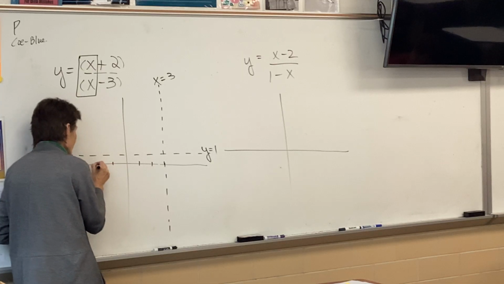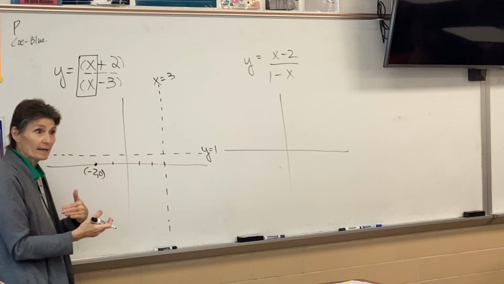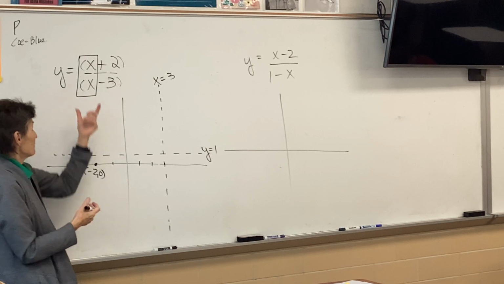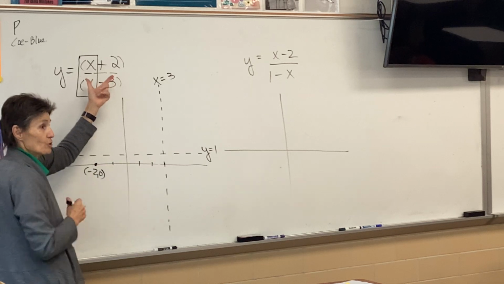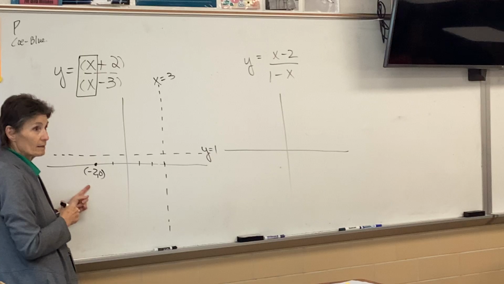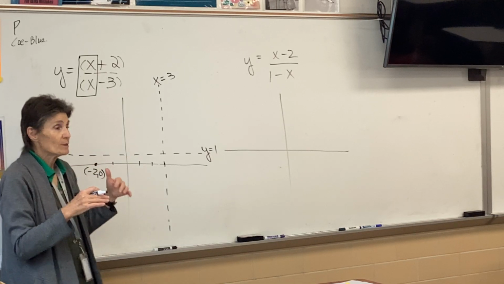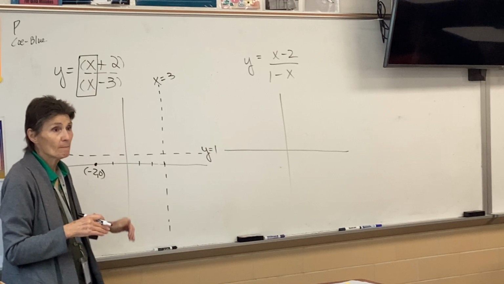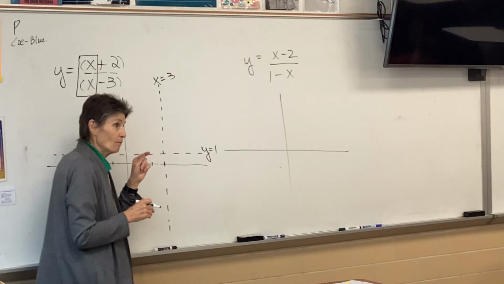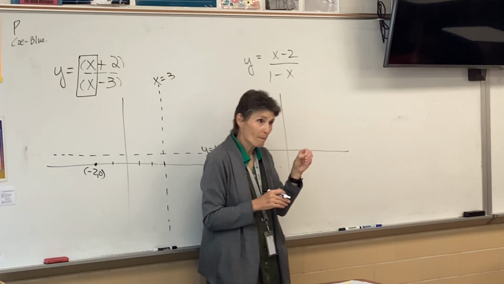So at negative 2, I'm going to have a dot, which I'm going to label just exactly like I have been doing all along. Think of your test you just took. If this had been a parentheses on the test, wouldn't you put a dot at negative 2? Same thing. Where do the x-intercepts come from? The numerator. Now I keep repeating myself in hopes that you're writing this down because you're going to have to be able to remember it.